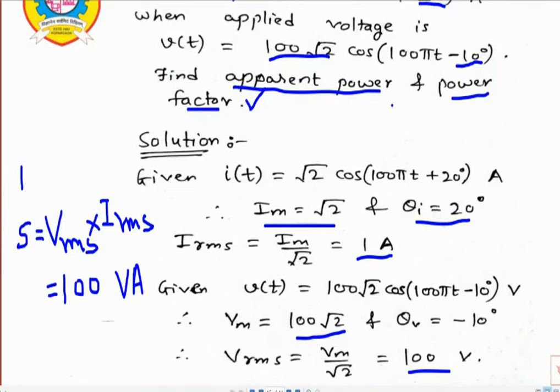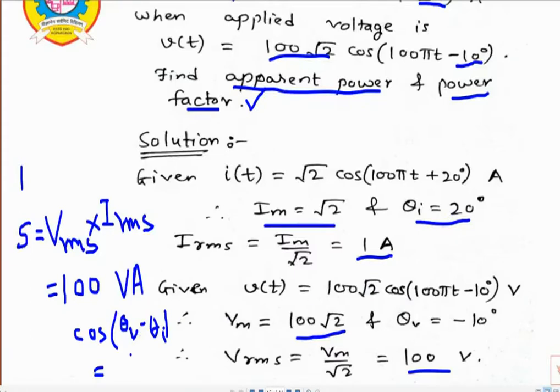Now we will focus on power factor. So theta I is 20 degree and theta V is minus 10 degree. And power factor is nothing but cos of (theta V minus theta I). So just substitute the value. So minus 10 minus 20, because already theta V is minus 10 and minus of theta I, that means minus 20.